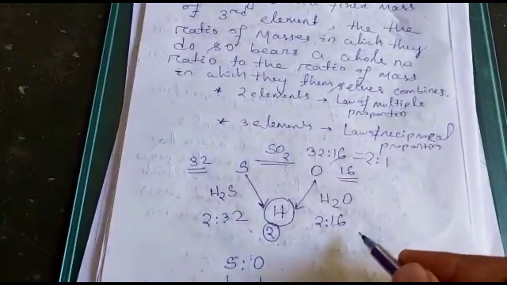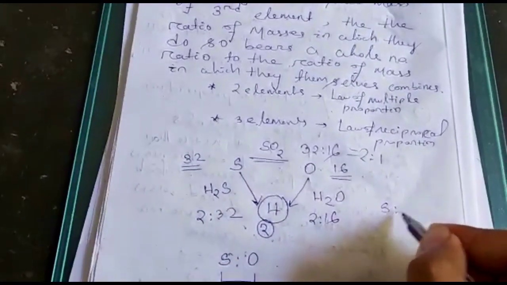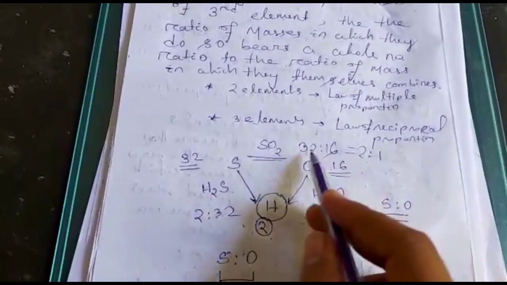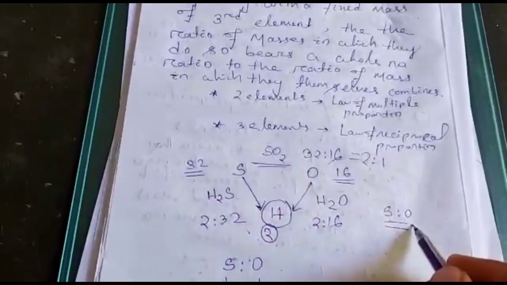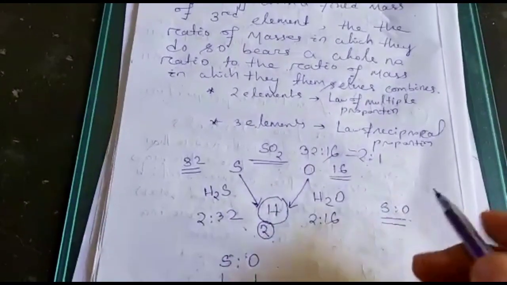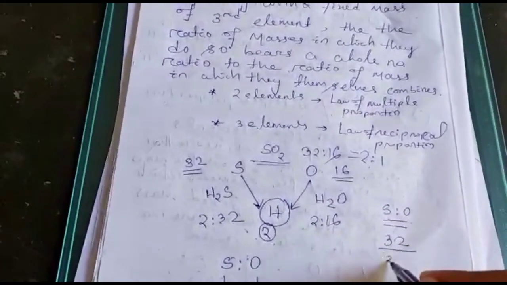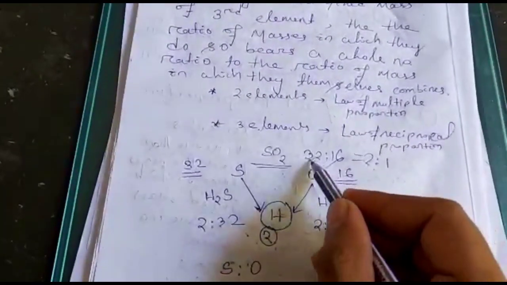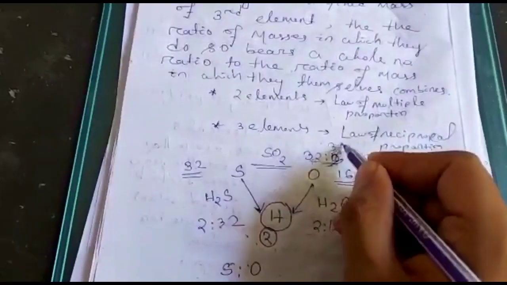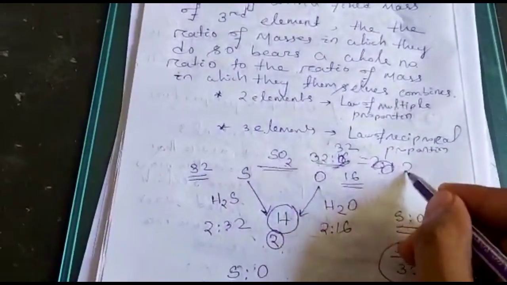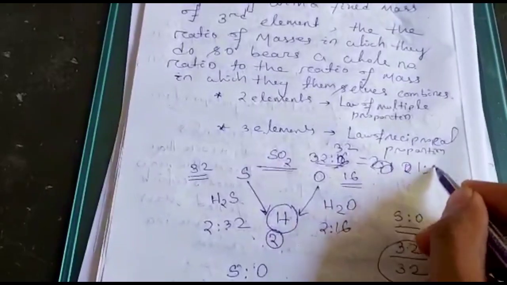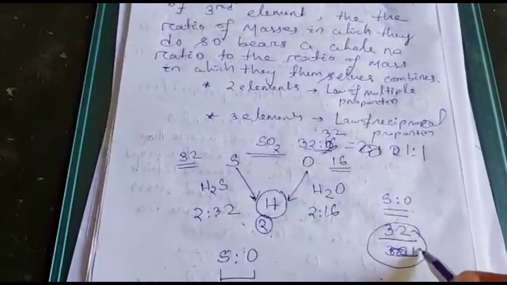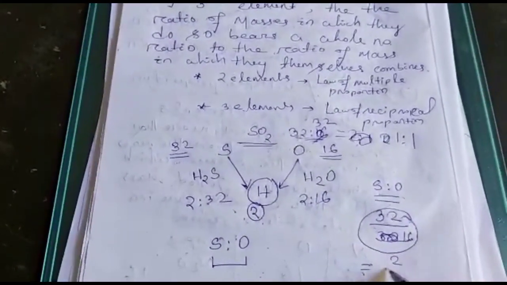Only sulfur and oxygen ratio, for SO2, is 2:1, 32:16. Actually, for SO2 it is 32:32, as oxygen is 2, so we can write it as 1:1, no problem. For sulfur and oxygen in SO, it is 32/16, you can write 2/1.